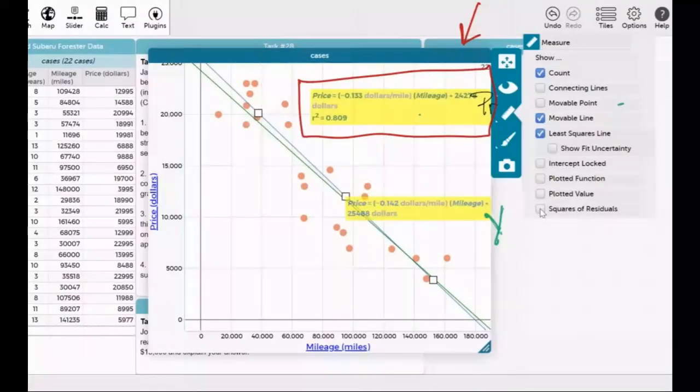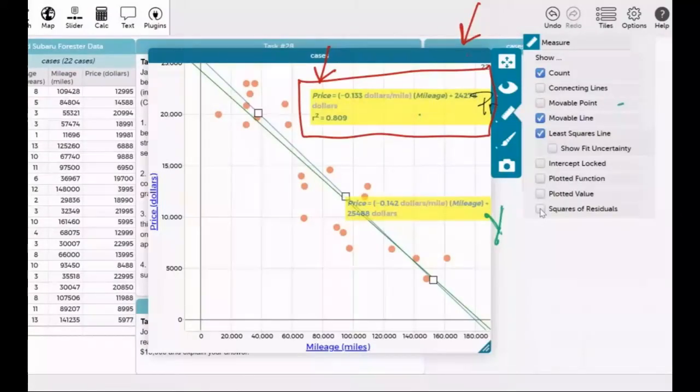But this would help Jane if she was going to try and figure out an appropriate price. She's trying to sell, so she's trying to figure out what price she wants to put out there. She would use this slope, negative 0.133, put her mileage there and then add 24,200, whatever that is.